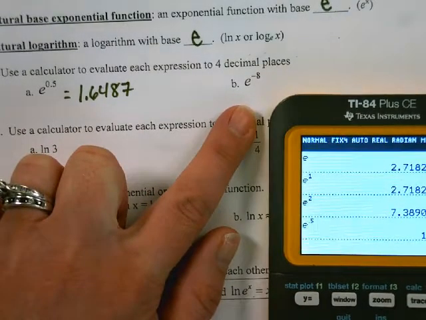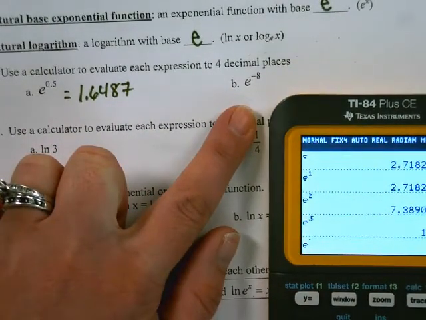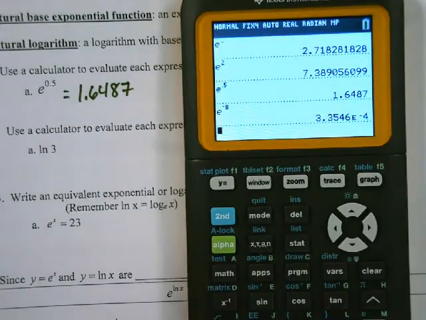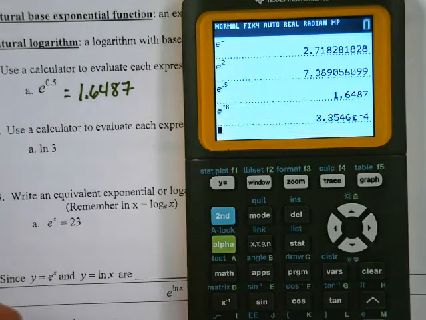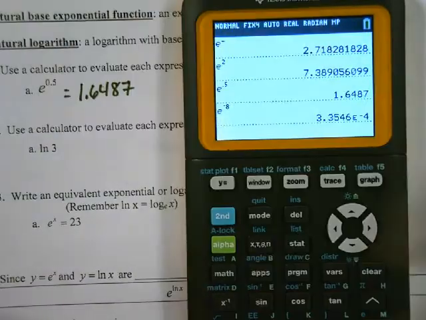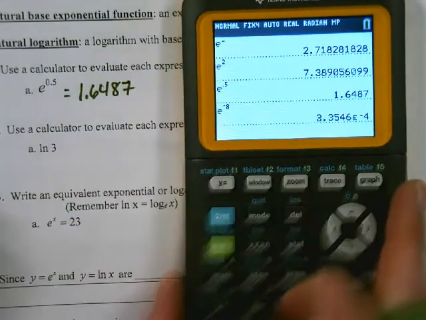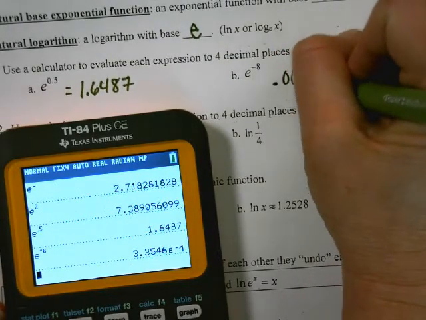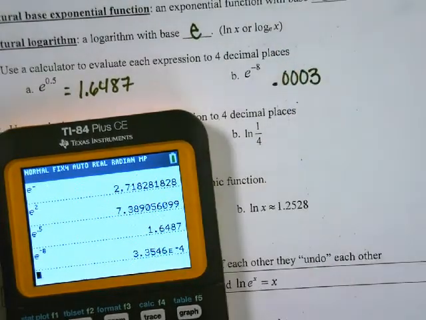E to the negative 8. Ooh, what does that mean? Here's what my calculator gave me. Times 10 to the negative 4, right? Which means I gotta move it over 4 times, so there's 3 zeros out front. So if I write this guy to 4 decimal places, he's just 0.0003.